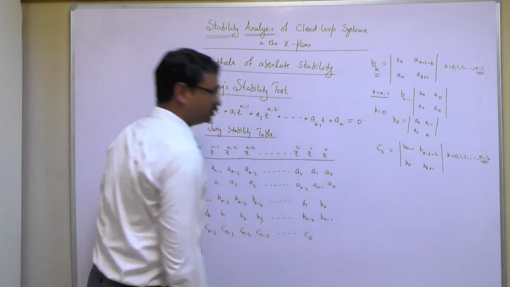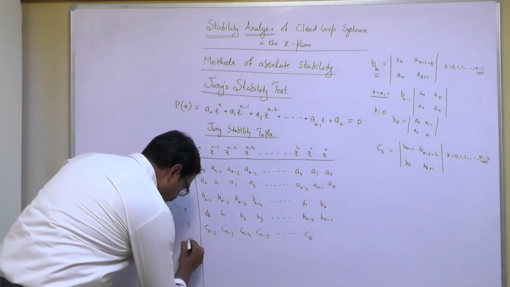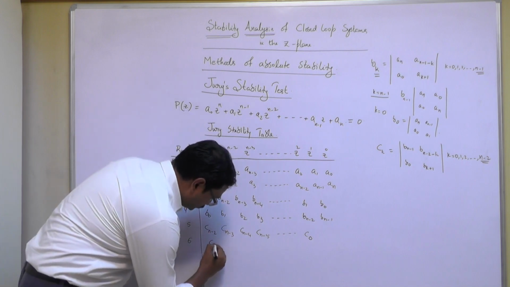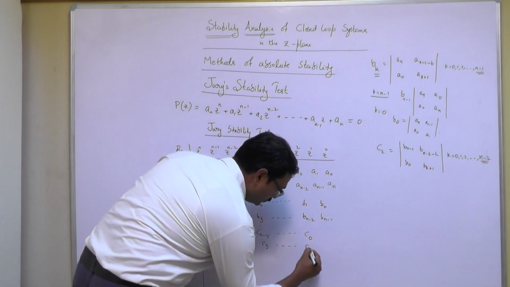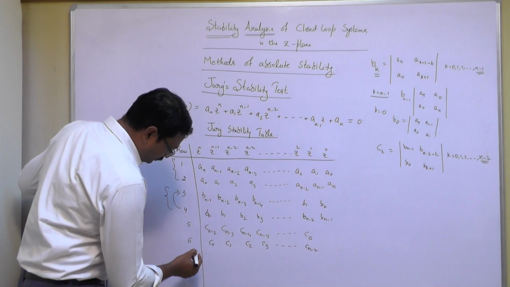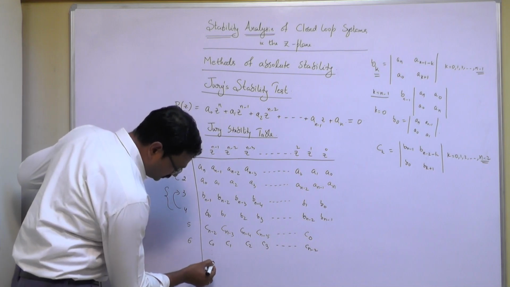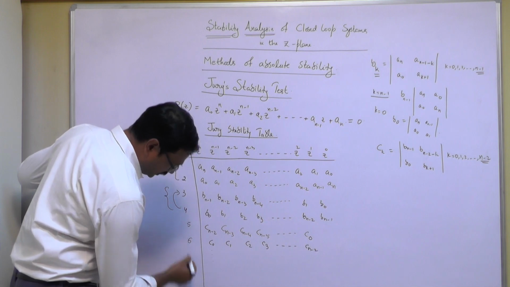Sorry, we are having from C naught. Right. We are replacing this order. And therefore, in the sixth row, we will be having C0, C1, C2, C3, Cn minus 2.